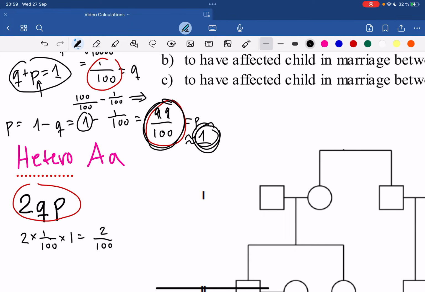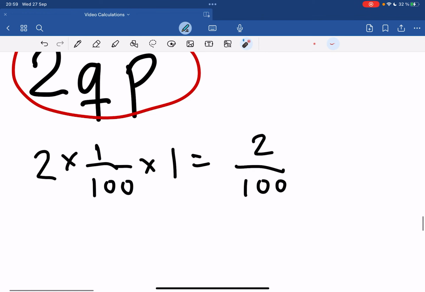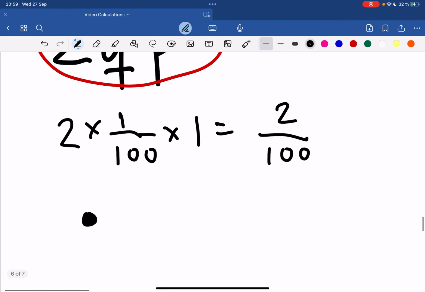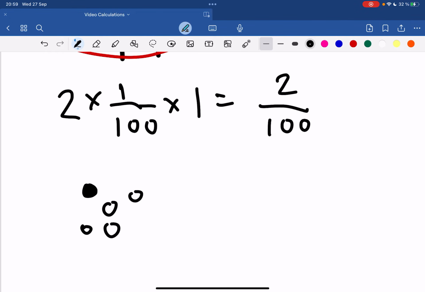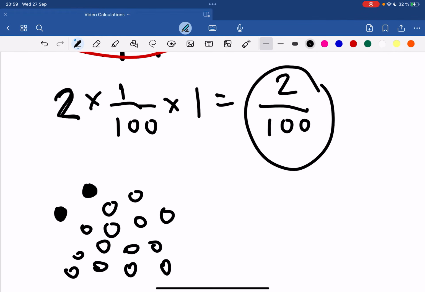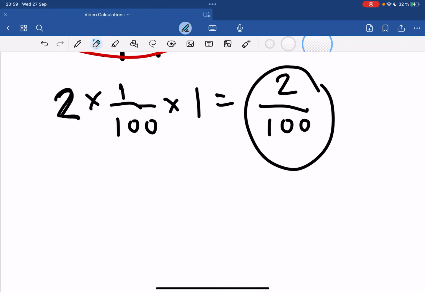Now remember, these are fractions. I always make this mistake. If you have one little black rock out of 100 white rocks, and now you get another black rock because it's double the amount, so 2 black rocks out of 100 white rocks, then you will have 2 out of 100. That's sort of how it works.